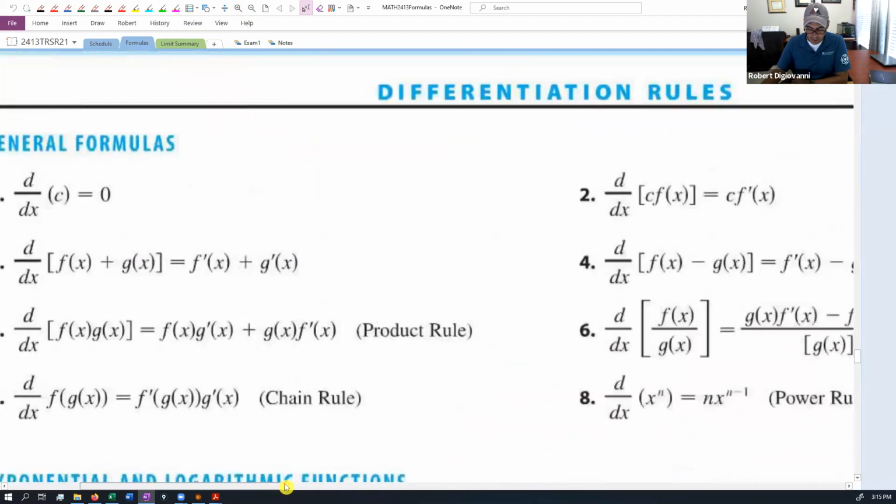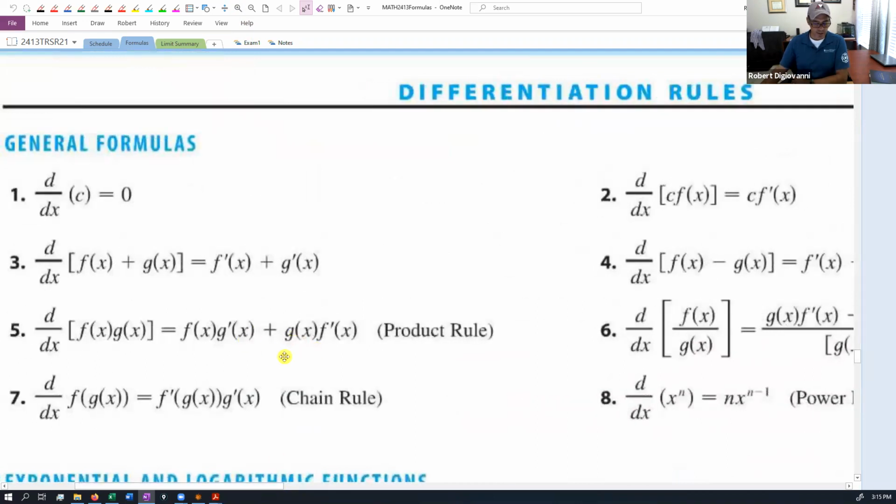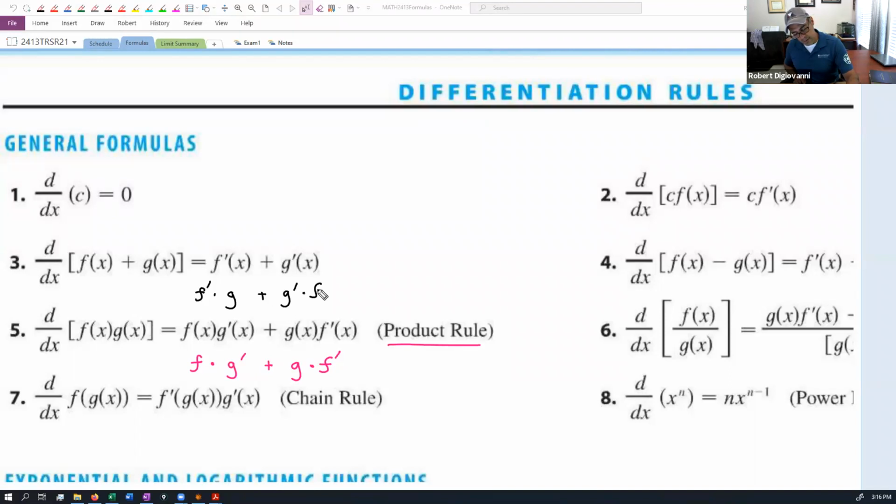This is the way the book has it written. They write f times g prime plus g times f prime for the product rule. That is not the way I presented it to you. I presented it as f prime times g plus g prime times f.